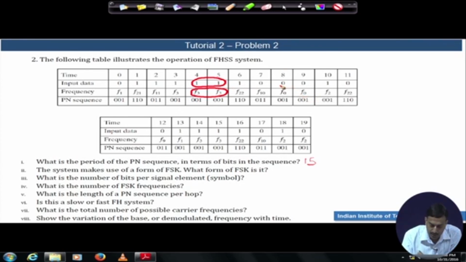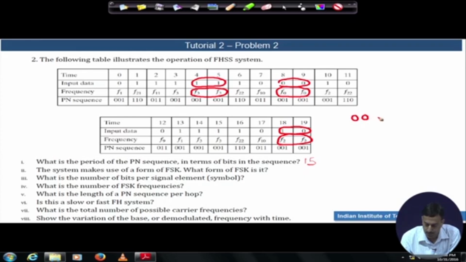Similarly, we notice that a combination of 0 0 is assigned to F0, and we also have once again a combination of 1 1 assigned to F3, and here we can see 1 0 assigned to F2. So we see some kind of a pattern emerging here.